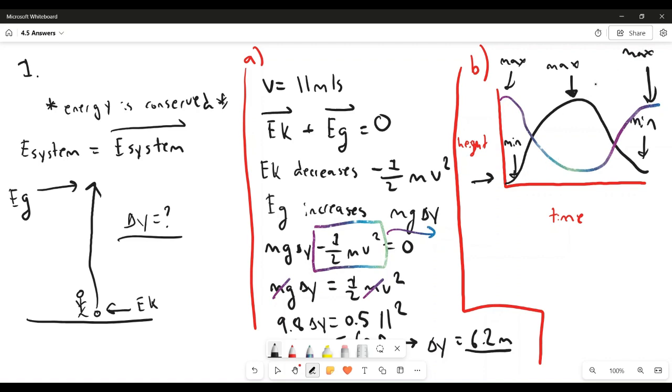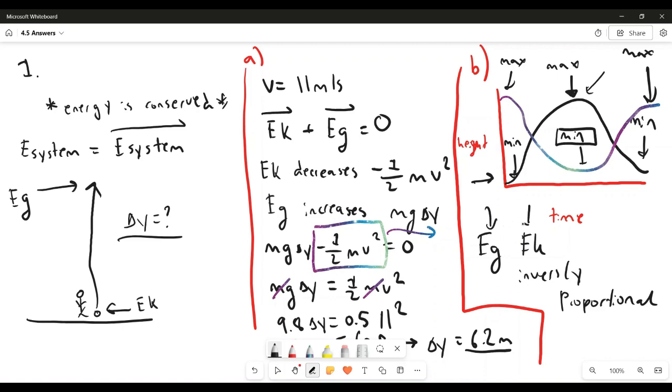However, when the gravitational potential energy is at its greatest, the kinetic energy is at its minimum. So it could be inferred that the gravitational potential energy and the kinetic energy are actually inversely proportional. So if this increases, then that decreases, like that.